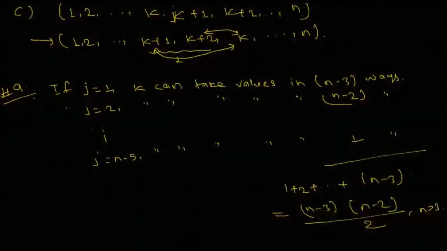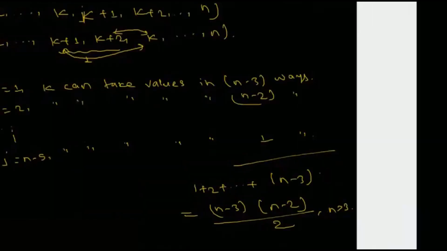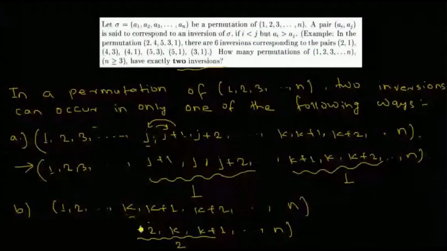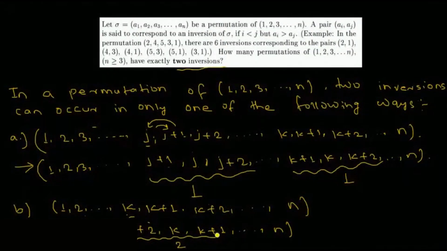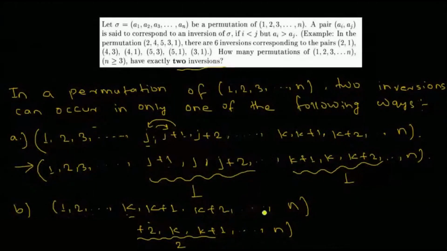So this is the first possible case, and in the second possible case, we first recall 1 to here, k plus 2 comes first, and then after that k and k plus 1. So in how many ways can this happen? It's very simple to see. k can take values either 1, 2, up to n minus 2, right?